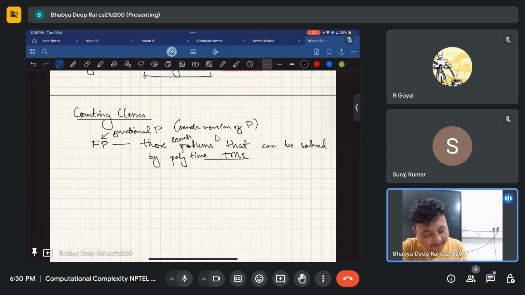What does that mean? That Turing machine has an output tape where the result is written.